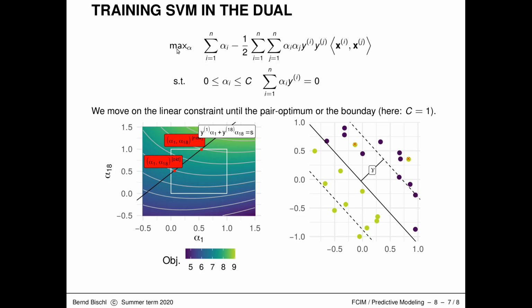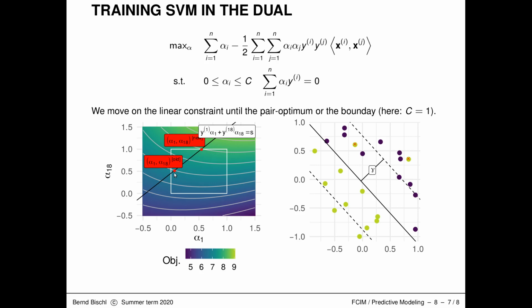Now, we also have to consider that there are these box constraints on the alphas. So I have to constrain from below with the 0 for alpha 1 and alpha 18. And I have to constrain from above with C, which was 1 in our example here. So I have to constrain here from above and I have to constrain here from above, which means I'm not only allowed to vary inside of this rectangle, but I'm even more constrained, as you will see.